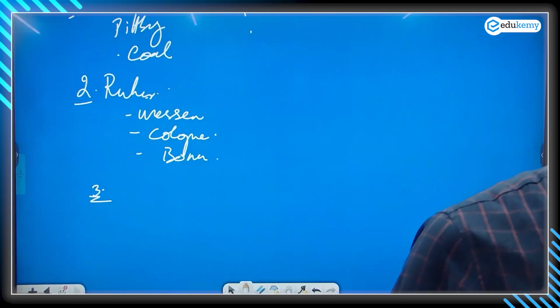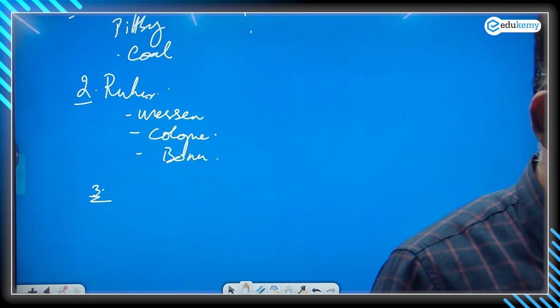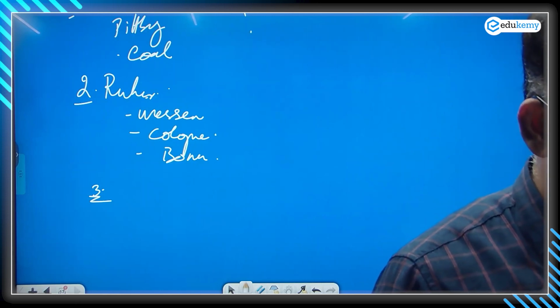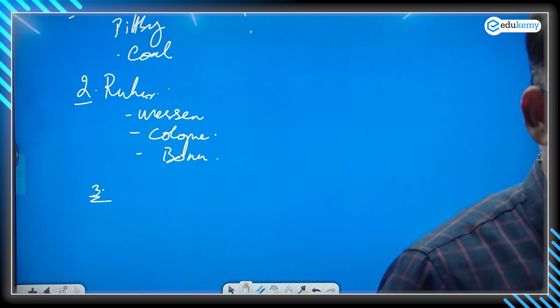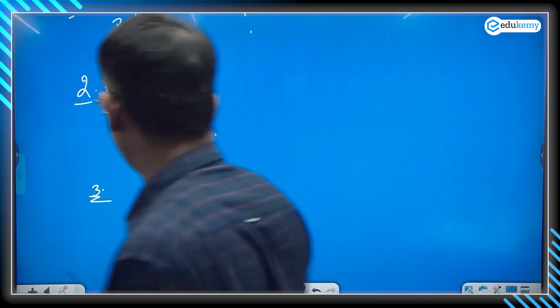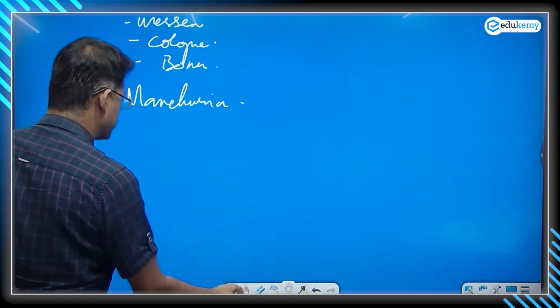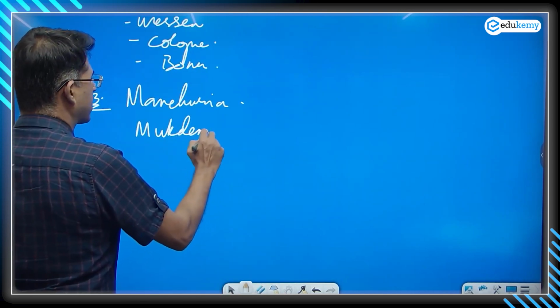The third is the Manchuria industrial region. Most of them were Japanese colonies. Manchuria coal regions, because of coal fields and also iron ore. In Manchuria, China, there is an area called the Mukdem Triangle.